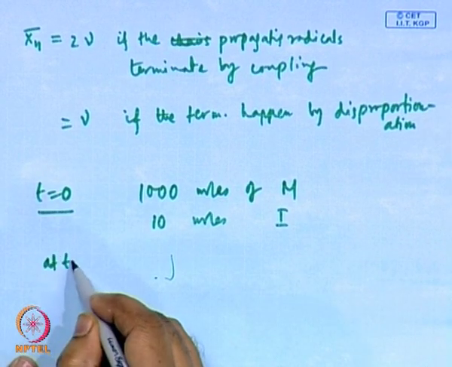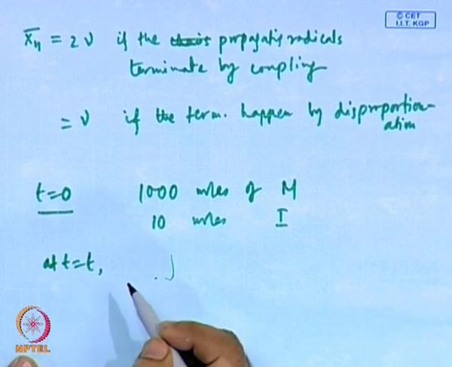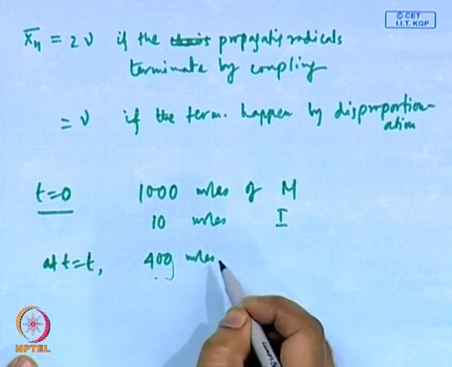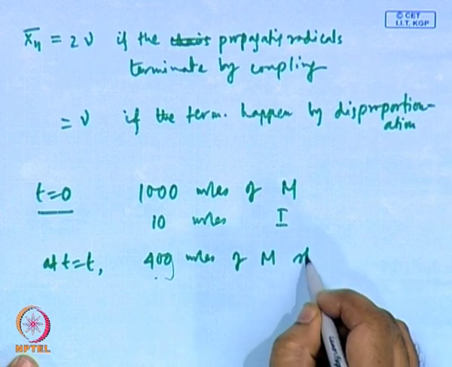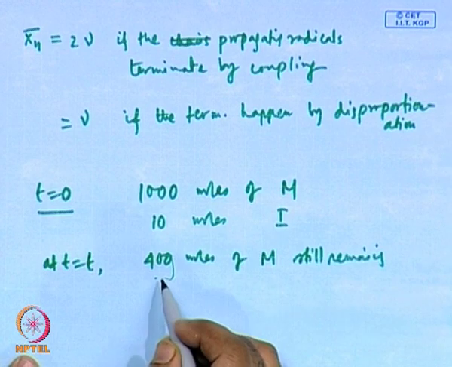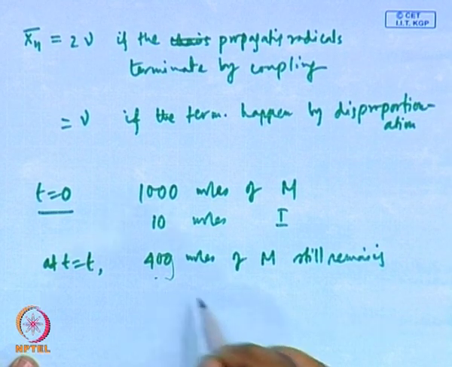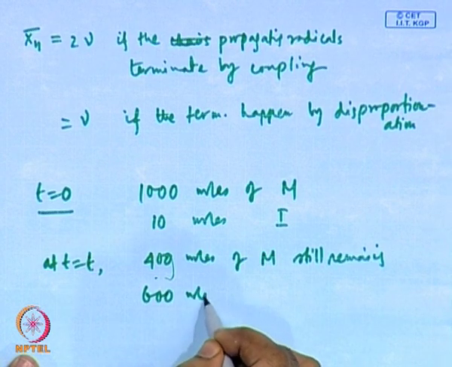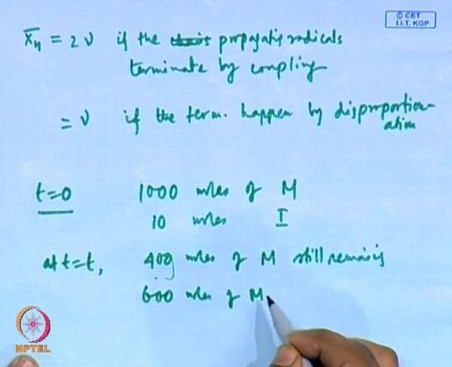Now, at time t, we stop the reaction and we found that there are 400 moles of monomer still remaining. So, the number of moles of monomers that have reacted to form polymers is basically 600 moles.